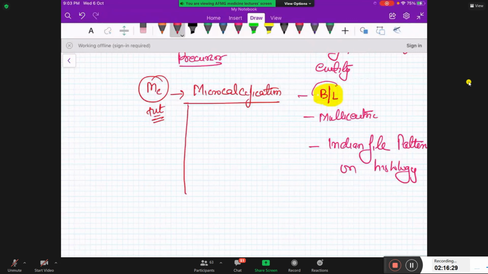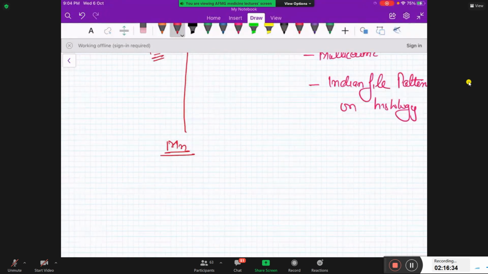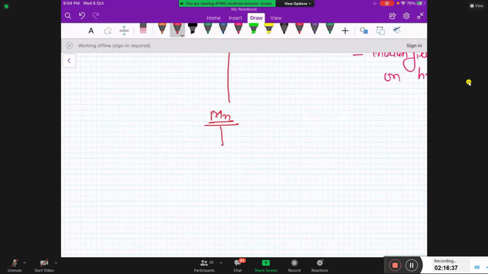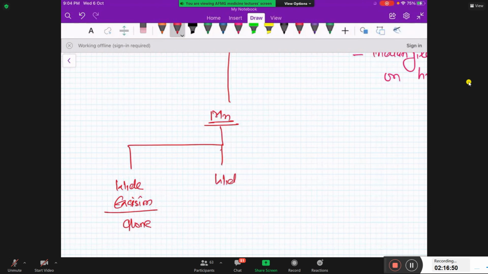In management of DCIS, we have the option of wide excision alone. We have the option of wide excision with radiotherapy, and we have the option of mastectomy, total mastectomy.